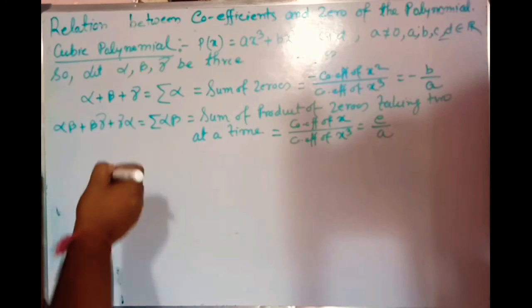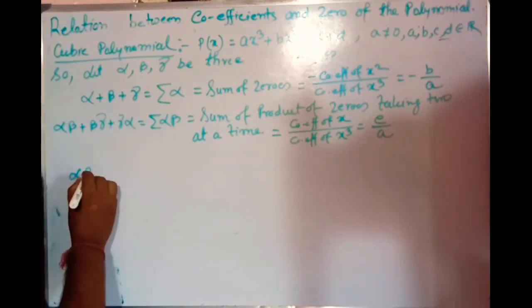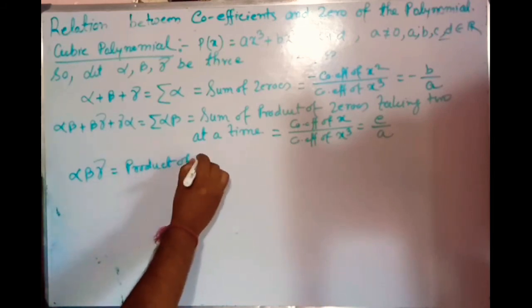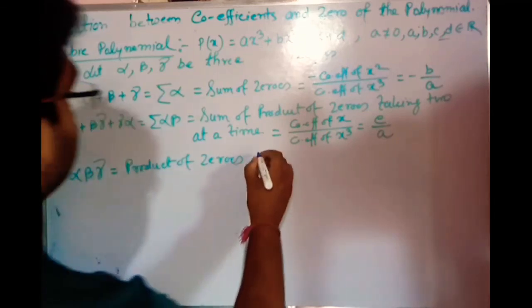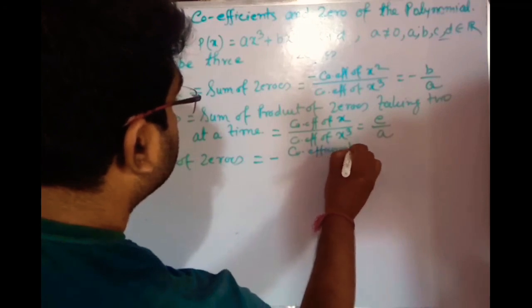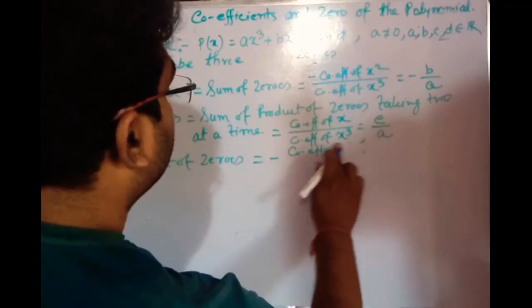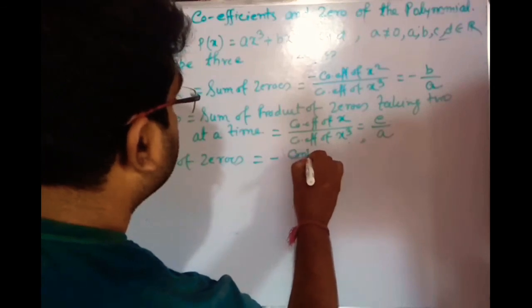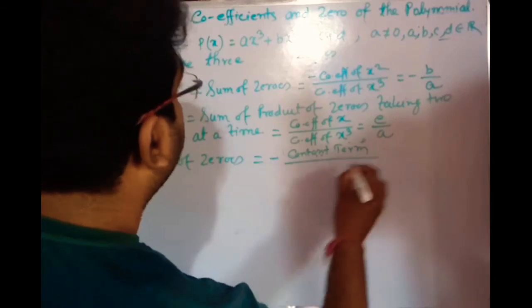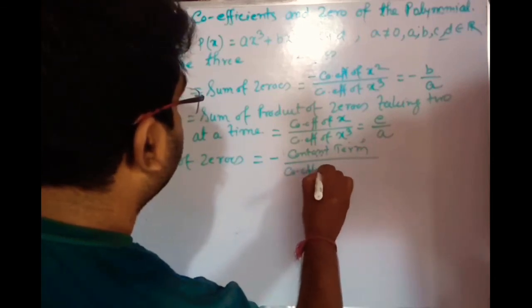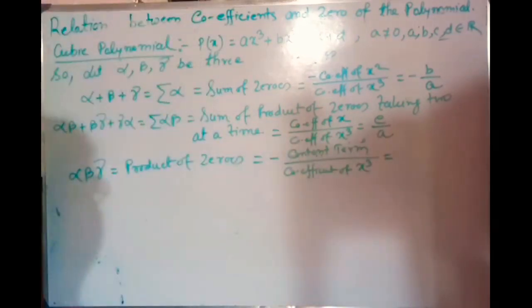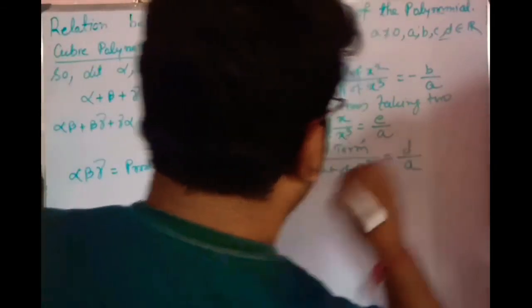Next, alpha beta gamma, that is the product of zeros, equals minus the constant term divided by the coefficient of x cube, that is minus d by a.